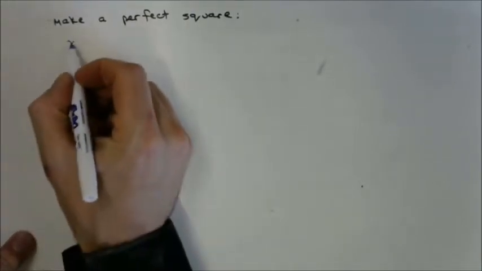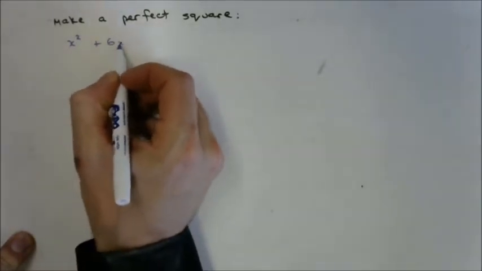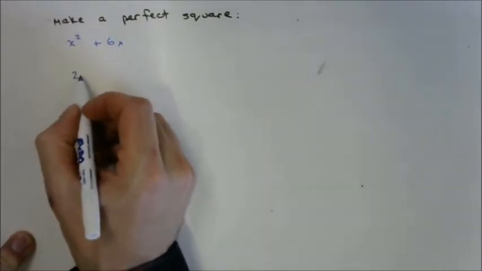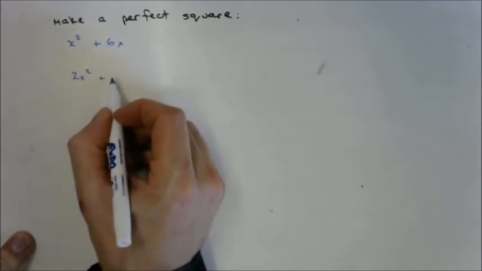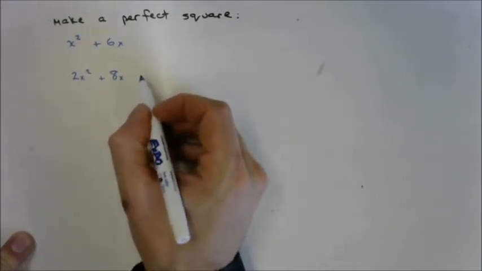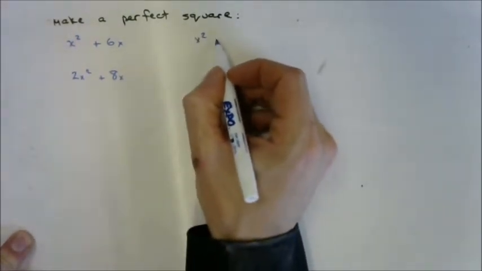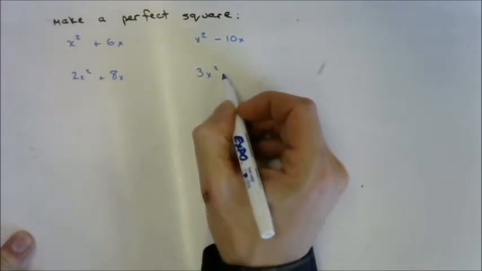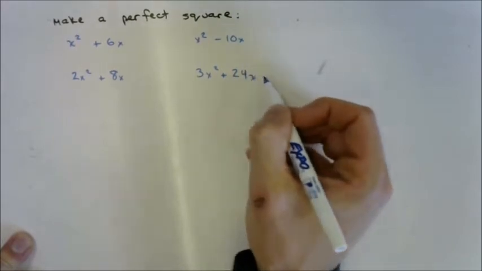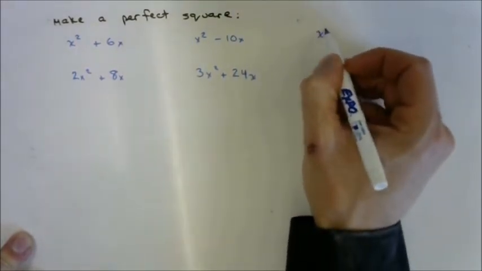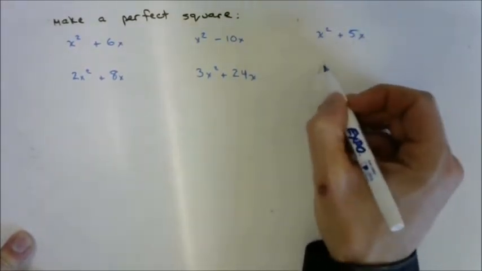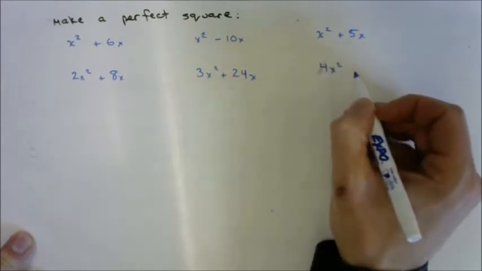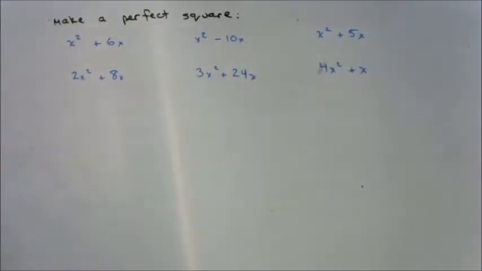I'm just going to write them all down. x squared plus 6x, 2x squared plus 8x, x squared minus 10x, 3x squared plus 24x, x squared plus 5x, 4x squared plus x. There's a whole bunch of quadratics, and I'm just going to make perfect squares.